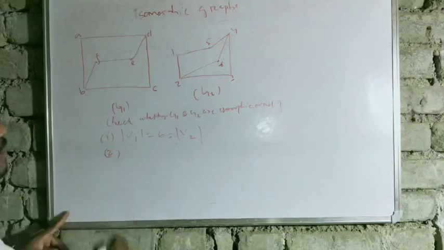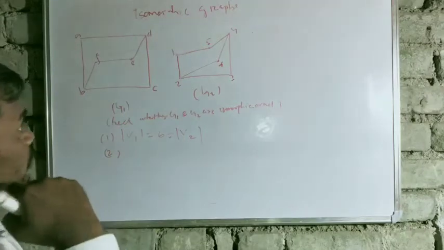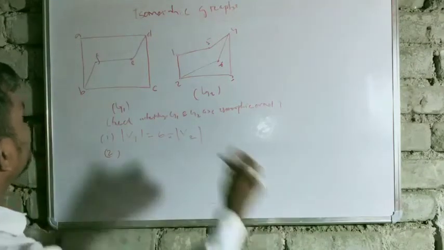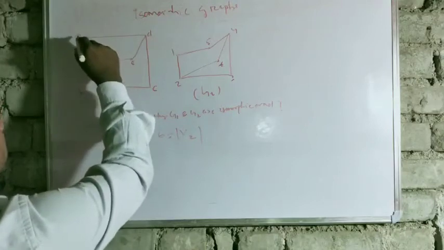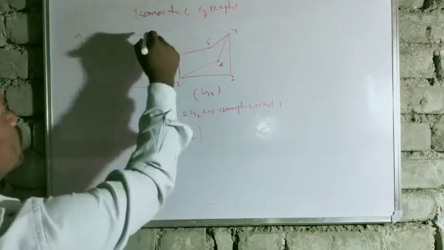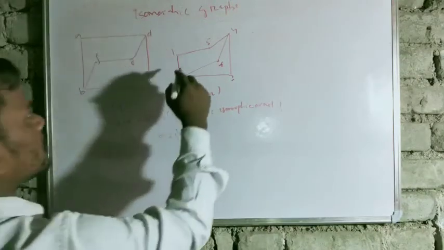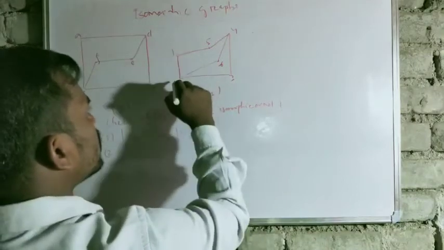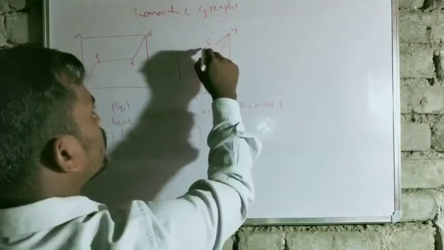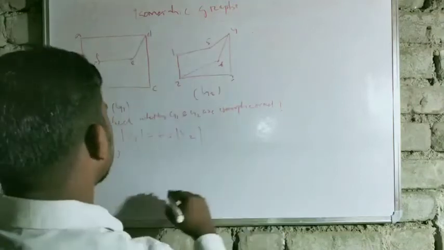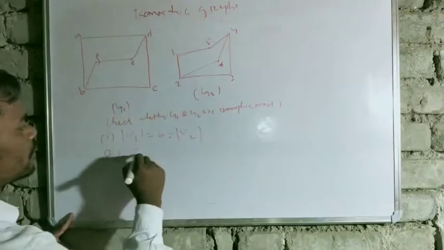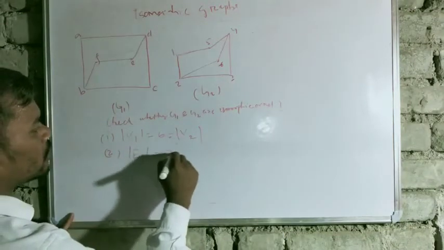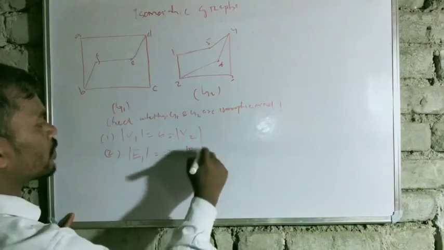Similarly, the second condition is whether both have the same number of edges or not. The number of edges here is 1, 2, 3, 4, 5, 6, 7, and here it is also 1, 2, 3, 4, 5, 6, 7. So both have the same number of edges. This is E1 equal to 7 equal to E2.